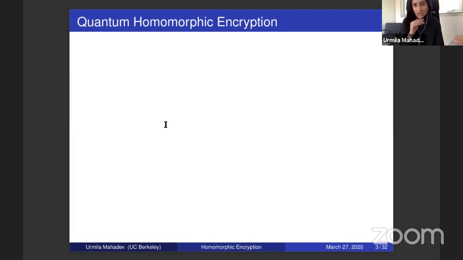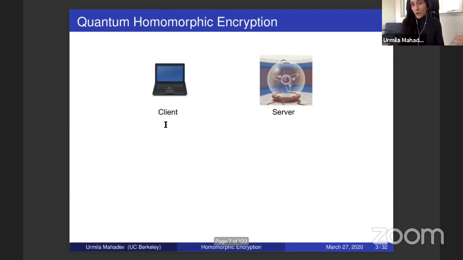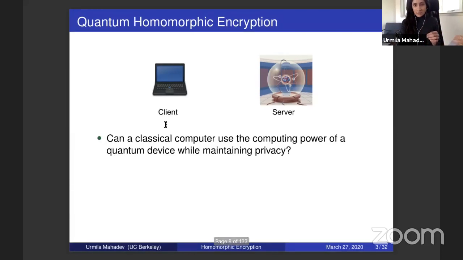And in my talk, the setting is going to be similar, but now the server will be a quantum machine. And when I say a weak client, the client is a classical machine. So that's why the client is much weaker than the server in this setting. And now the question is the same. Can this weak classical client use the computing power of a quantum device while maintaining privacy?